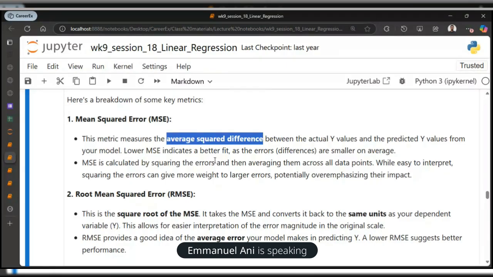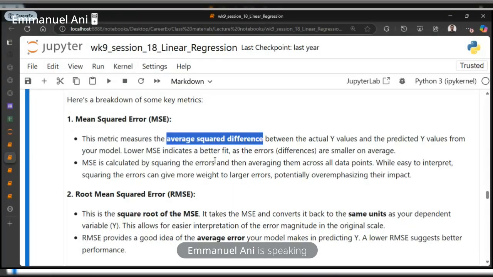Let's say the error for your first data point is 70. So you're going to have 70 squared. You will now go to the next data point. Let's say its error is minus 50. It's not going to be minus 50, it's going to be minus 50 squared. So you have 70 squared plus minus 50 squared plus the next one squared.